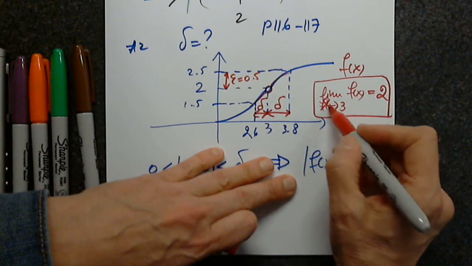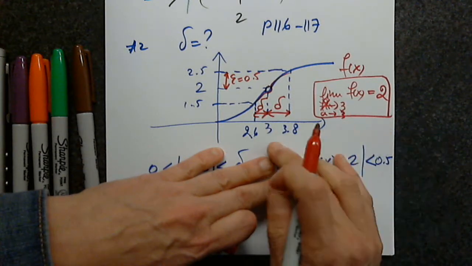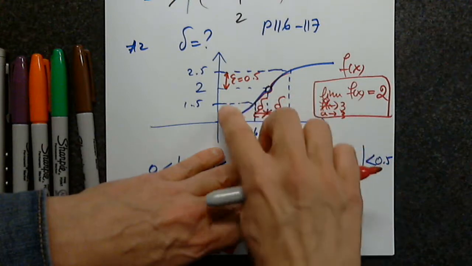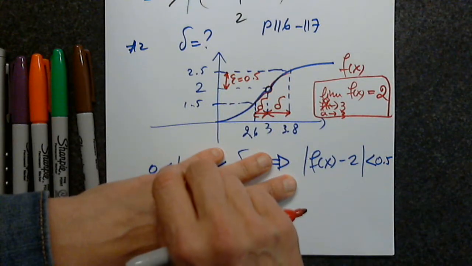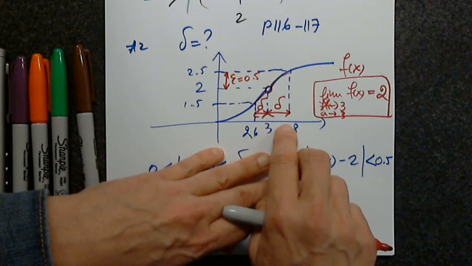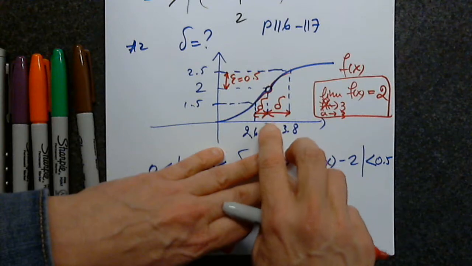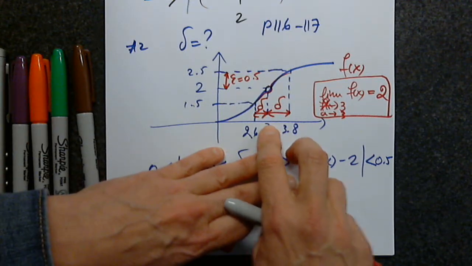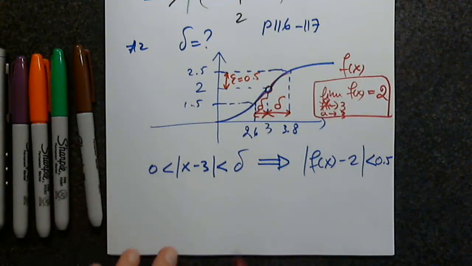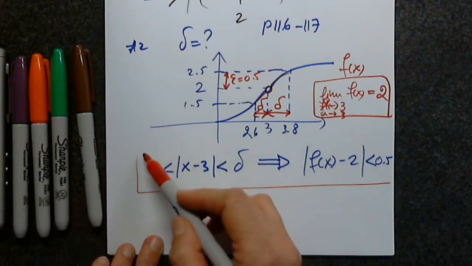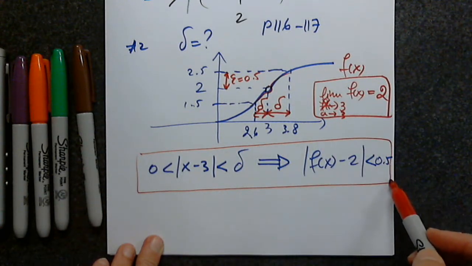The a value is 3, as x approaches 3. Delta can only be 0.4. So for this particular epsilon, which is 0.5, the corresponding delta must be 0.4. No questions about it.